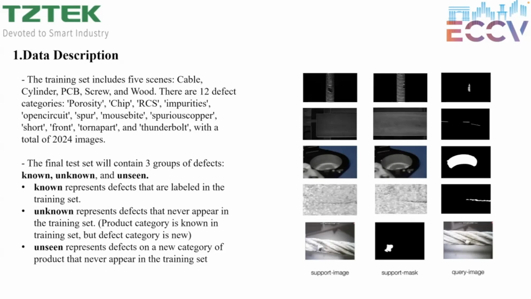Known represents defects that are labeled in the training set. Unknown represents defects that never appeared in the training set. Unseen represents defects on a new product category that never appeared in the training set.